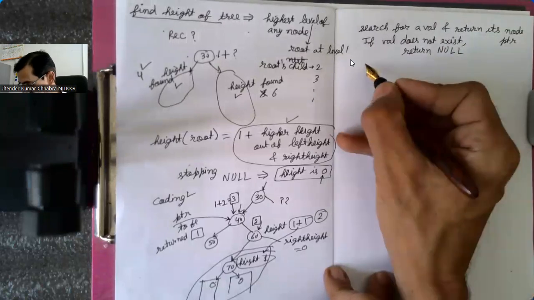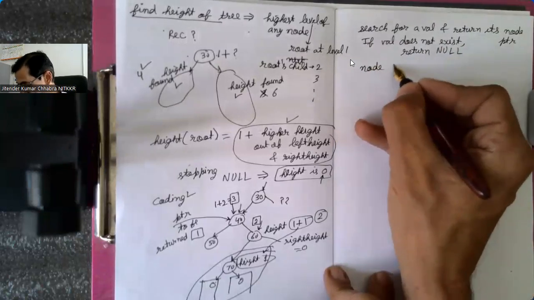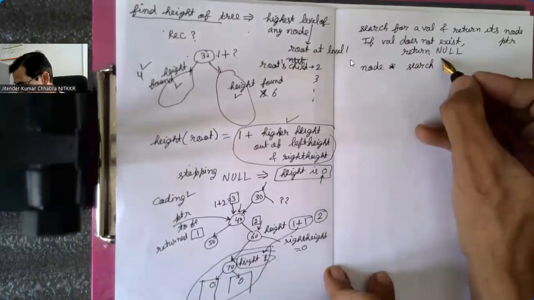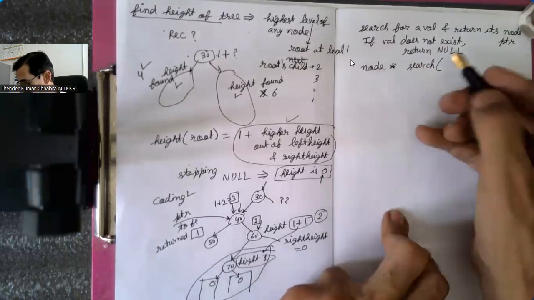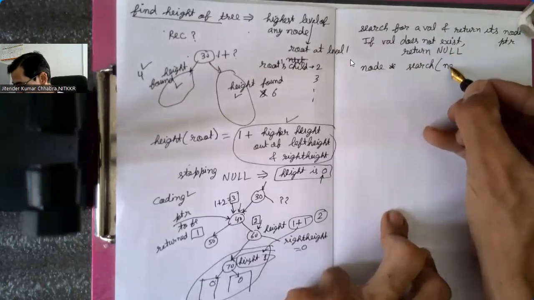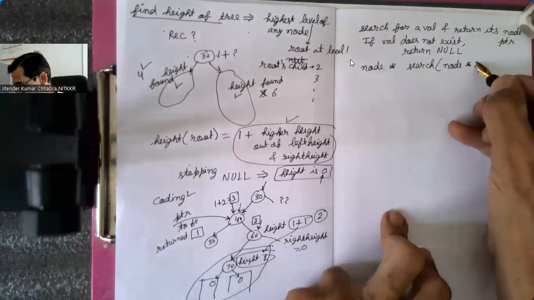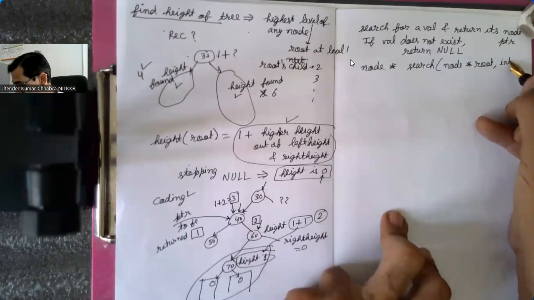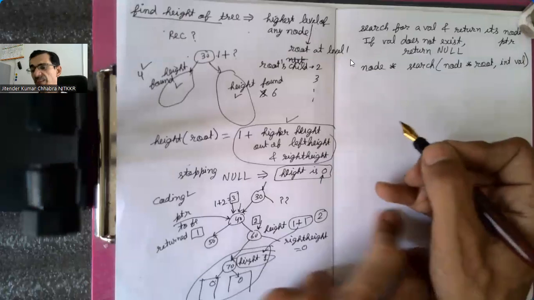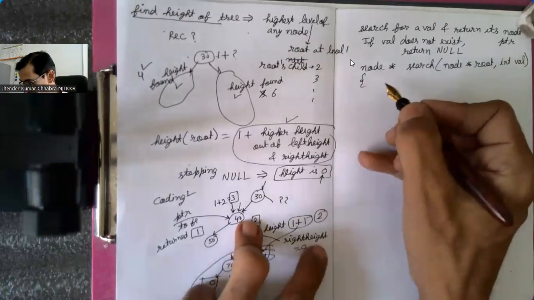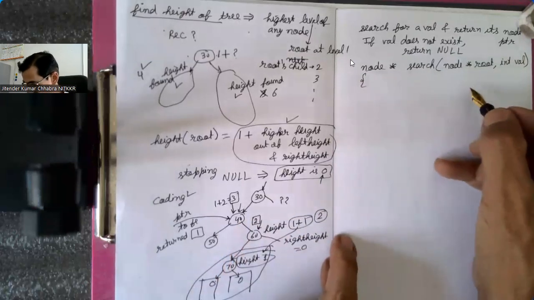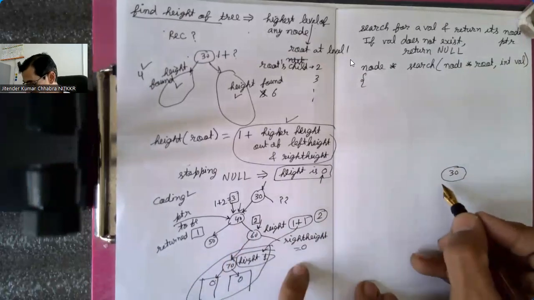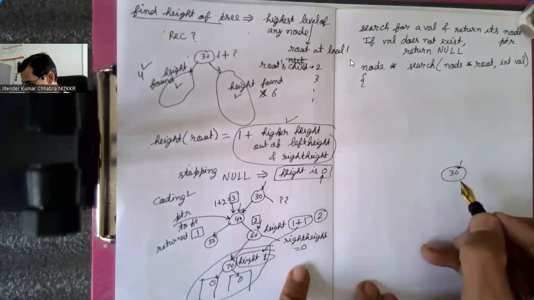Again, that means effectively my function will be node star search, and within search what do I need? I will need one root, obviously, and what else? The value to be searched. Obviously, is recursion applicable or not? Yes, I can easily see it. Let's say I am here at 30. If I am searching for 30, obviously it will be found.